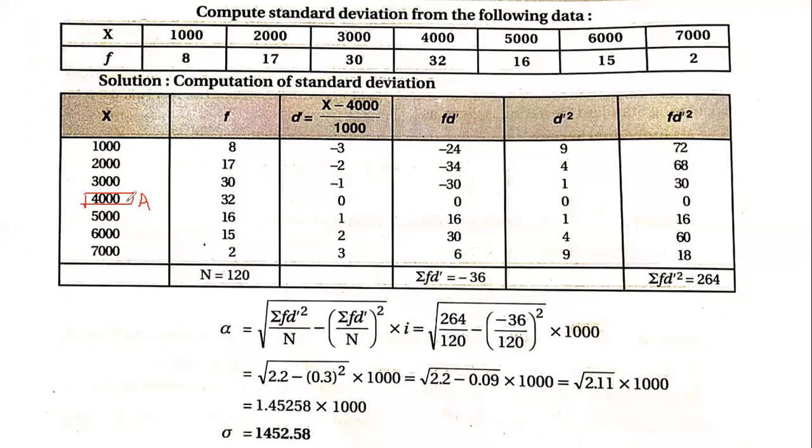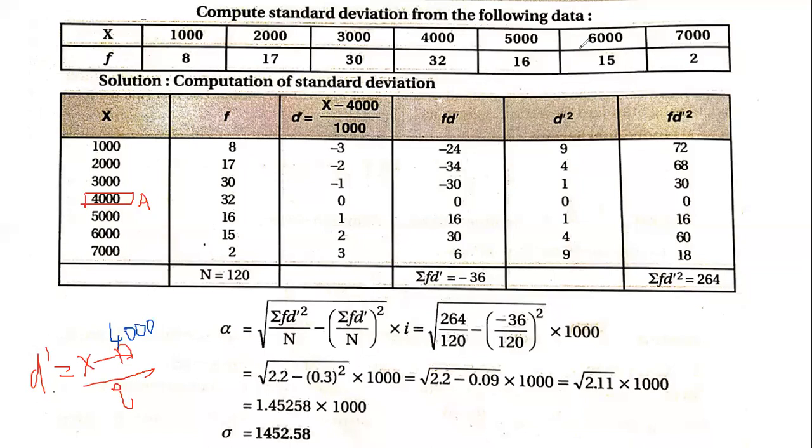Let's go on and find the D dash value. What is the formula? D dash is equal to X minus A divided by I. Here A we already considered to be 4000, and I is the common difference. 2000 minus 1000 is 1000, 3000 minus 2000 is 1000, 4000 minus 3000 is also 1000, 5000 minus 4000 is also 1000.